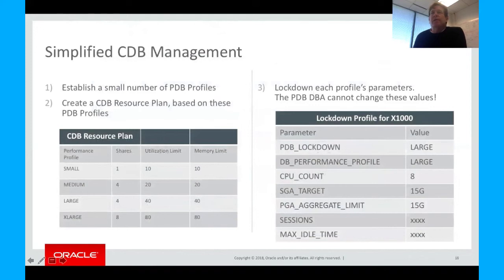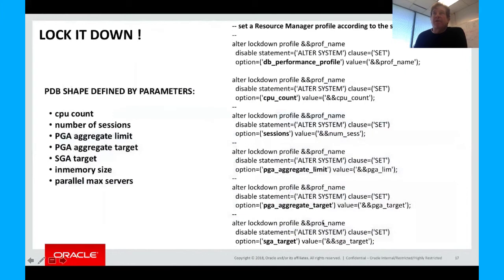So essentially what that looks like is for, say, the X1000, I could define a PDB lockdown profile for large and define each of these different parameter settings and ultimately lock them down, which is a declarative way to basically inhibit any modification, to lock down any modification of these parameters except for a privileged user.